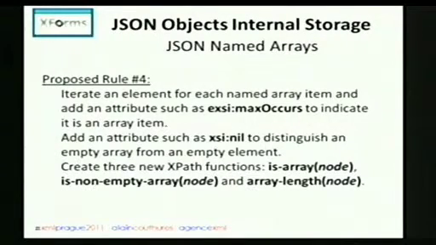Named arrays are a more complex situation. So the next rule is about how to add elements to manage that. Well, to distinguish arrays with, let's say, single elements, we need an attribute to say it's in an array. And my proposition is about, it sounds like max occurs.